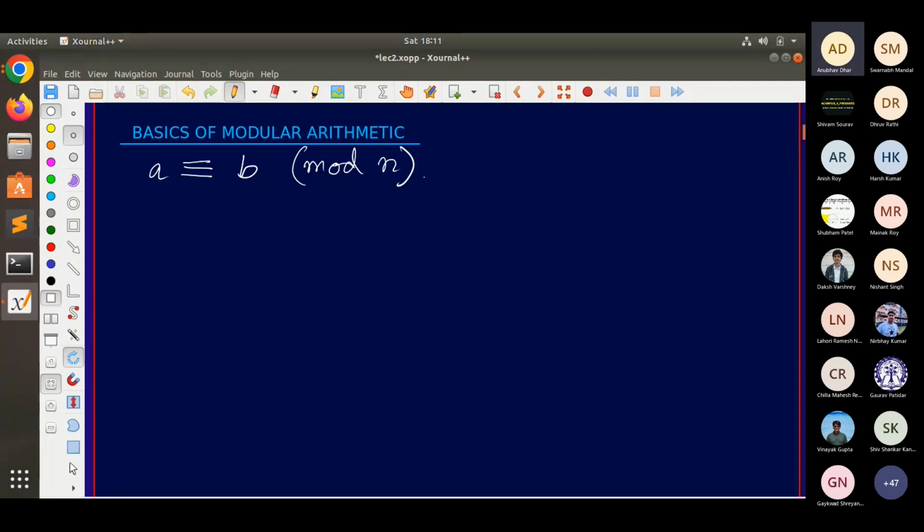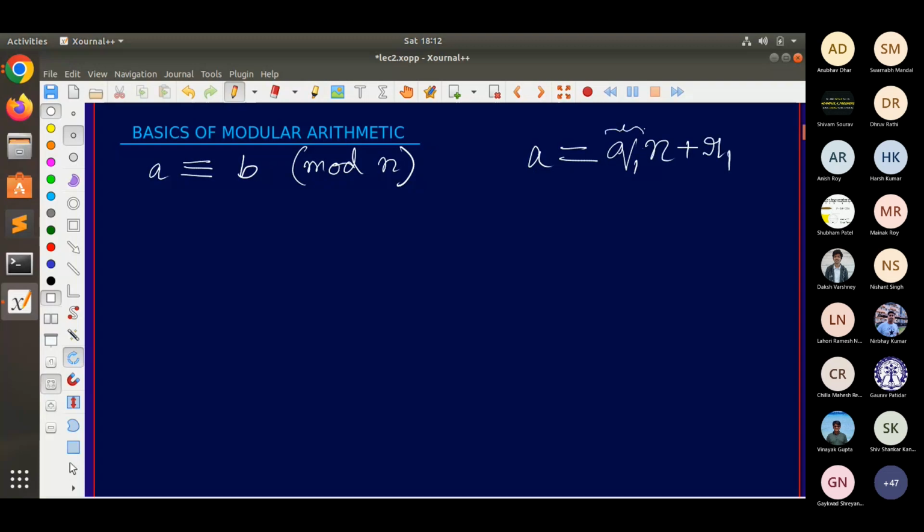This is a fancy way of just writing that A leaves the same remainder when divided by n as B would do. So basically, if A is divided by n, you will have something like this, right?